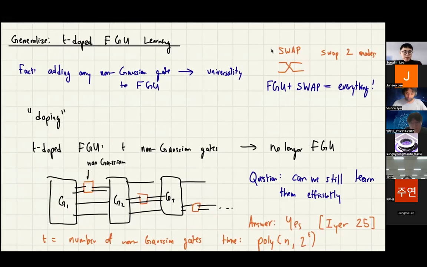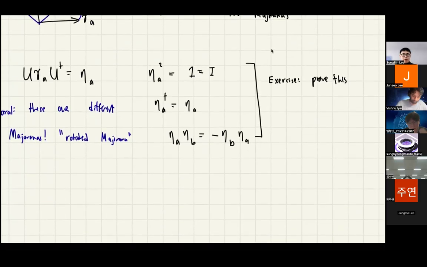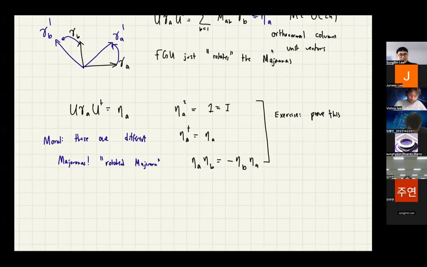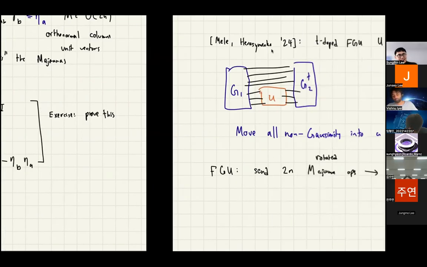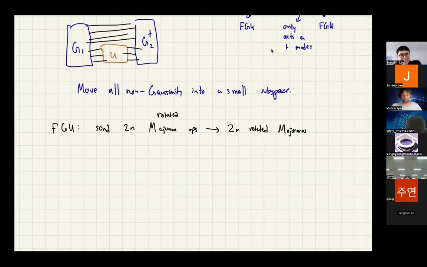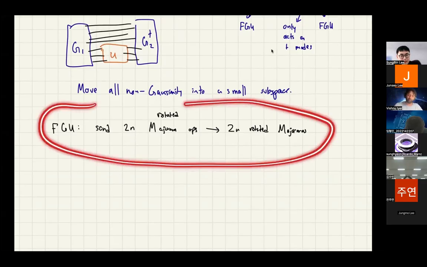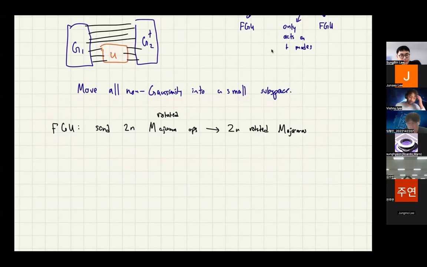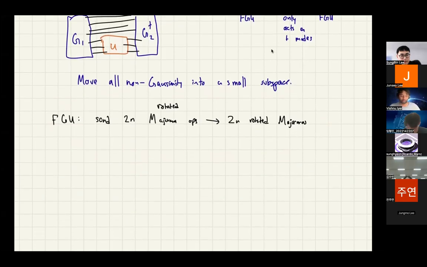Okay? That's what this is. So this is true for a equals 1, for 2, all the way up to 2n. And so for any fermionic Gaussian unitary, you're sending 2n rotated Majorana operators to 2n different rotated Majorana operators.